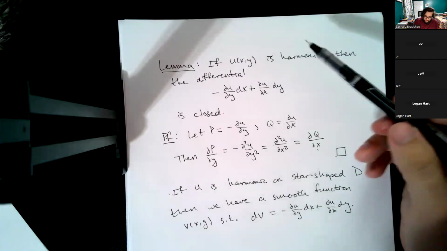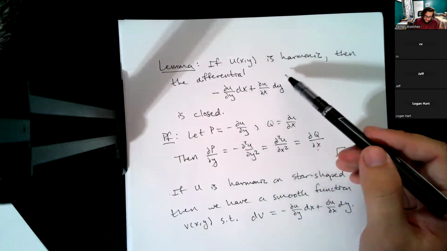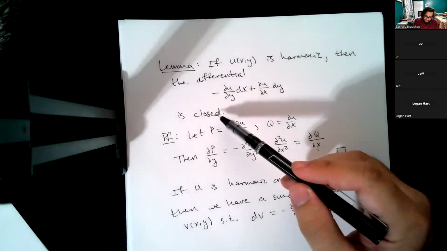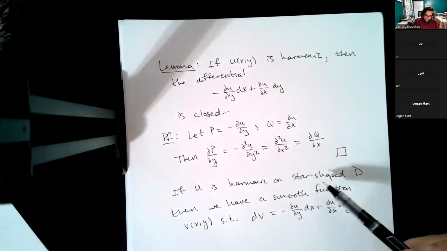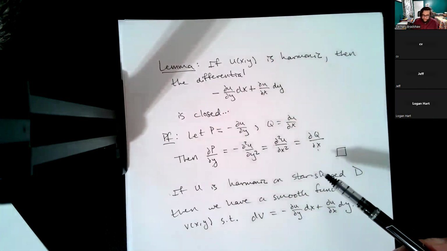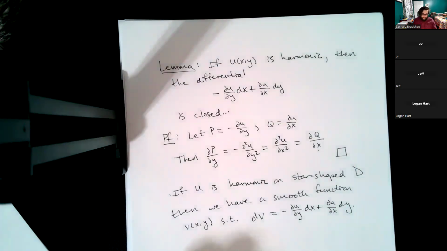Why? Because this lemma tells us that if u is harmonic, then this differential is closed. But in a star-shaped domain, closedness is equivalent to exactness, which implies that there's a function v such that this differential is the differential of v. Okay.